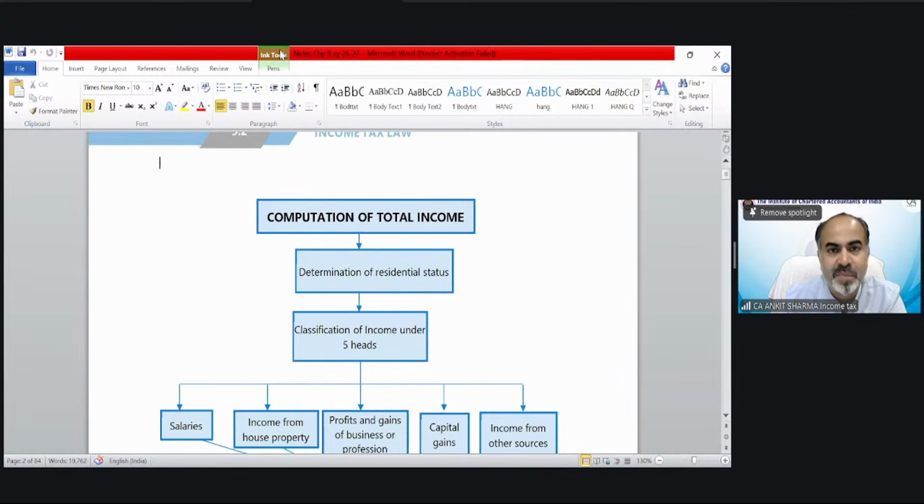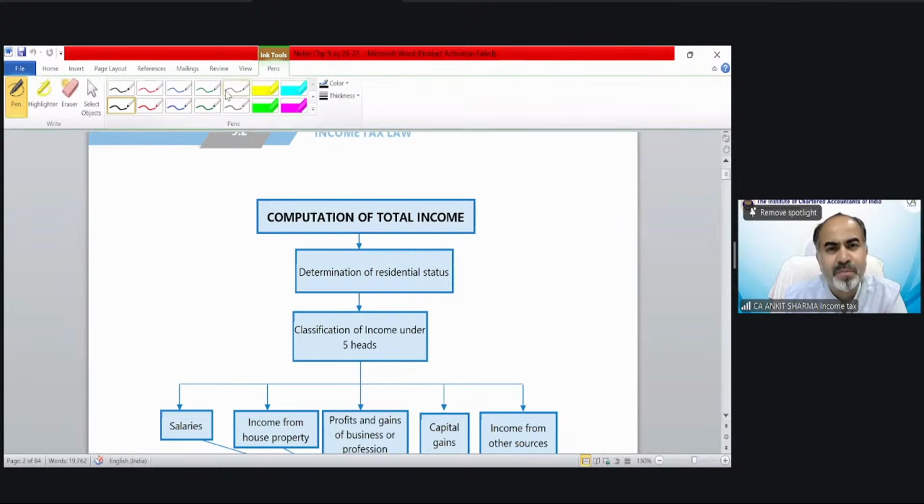You can see we have already gone through this kind of provision in the first chapter. A similar kind of presentation was there in basic concepts: if you want to calculate your total income, the first step is to determine the residential status.